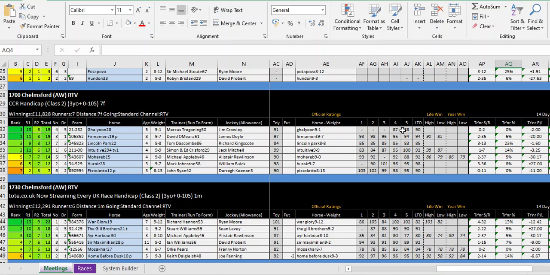The previous 2 runs to that, finished second off a rating of 87. Again, the handicapper must have thought that was a decent effort, because he's put that horse up £1 for the next run, off a rating of 88. We can see that the horse finished third, and again the handicapper must have thought that was a decent effort, because the handicapper then put the horse up a further £2.